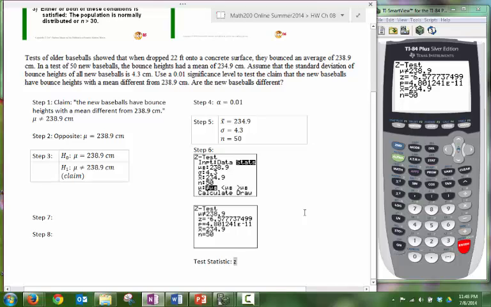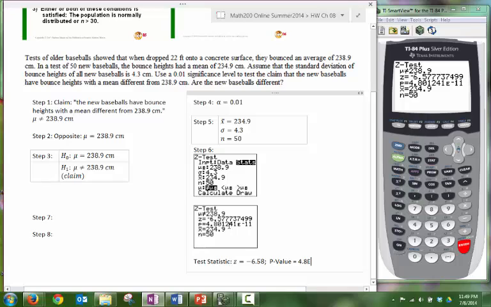So that's z equals a negative 6.577. They usually want it rounded to 2 decimal places. Our p-value, if needed, is going to be 4.8.